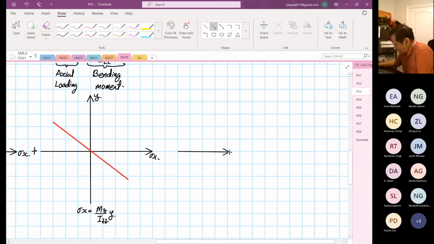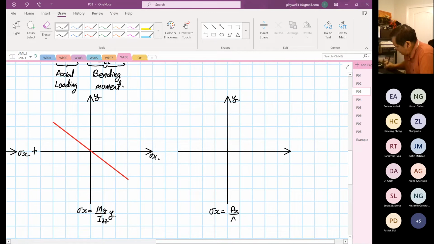So now your stress x is equal to Px over A plus Mz over Izz multiplied by y.